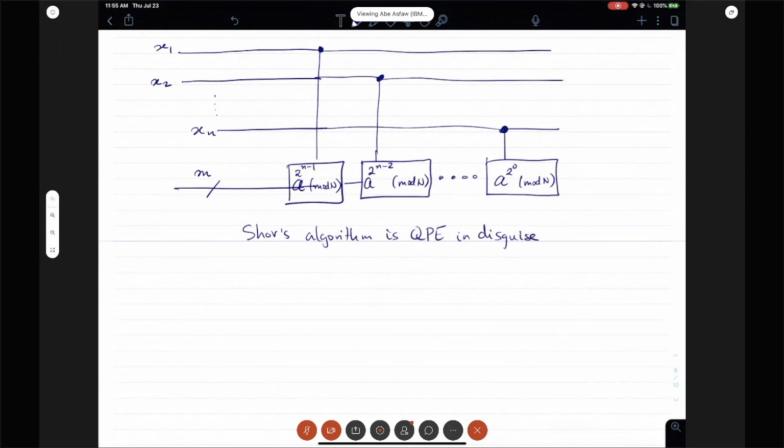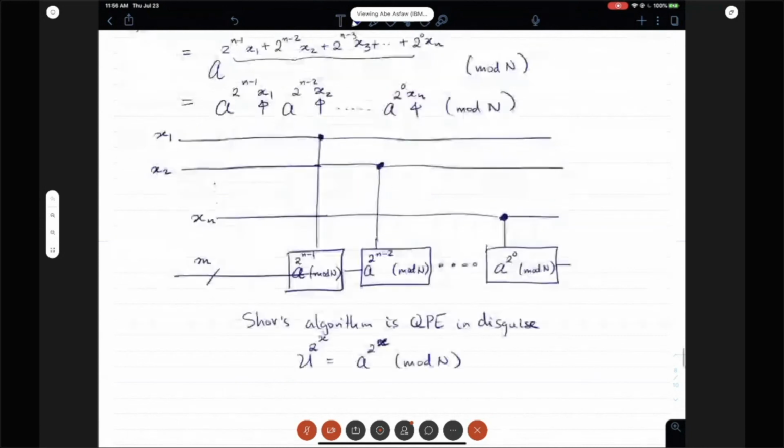Really, the unitary operator is a to the power of 2 to the power of x modulo n, and you're applying different powers. So u to the power of 2 to the power of x that we used to write for quantum phase estimation is really a to the power of 2 to the power of x modulo n in this particular application. So that's it. That, I hope, convinces you that we have quantum phase estimation.